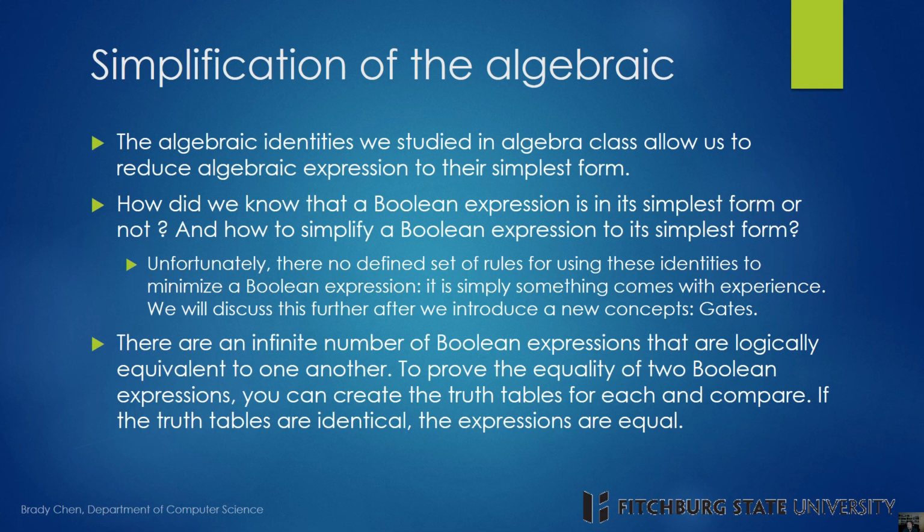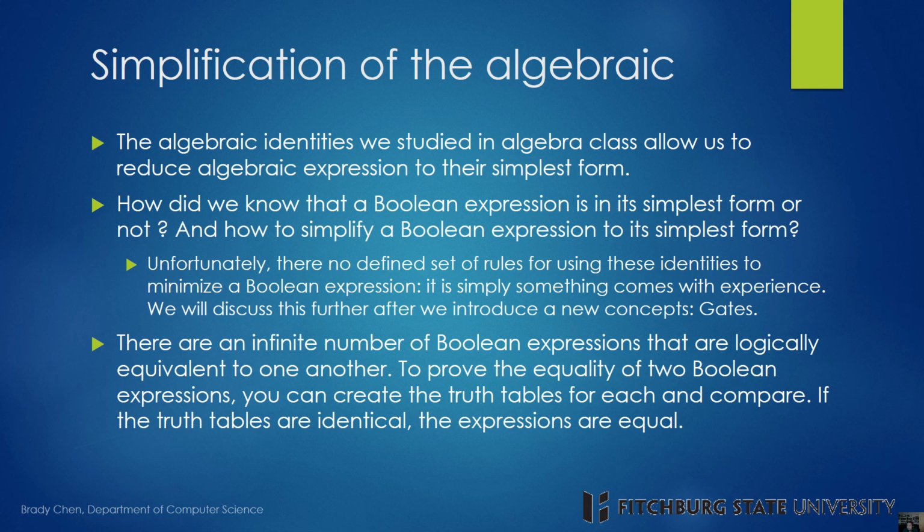So now, before we move forward and talk about how to use the Boolean identities to simplify the logic expression or algebraic expression, the first thing we need to talk about is how do we know that a Boolean expression is in its simplest form, and how to simplify the Boolean expression to its simplest form.